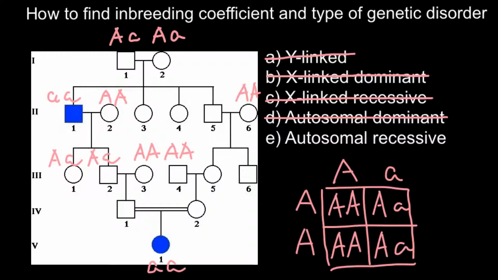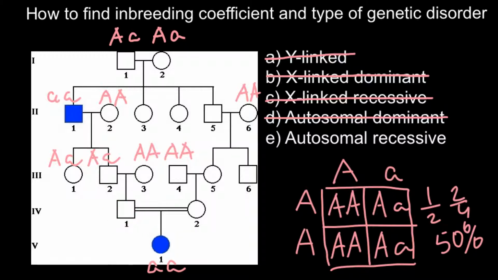So as you see, the probability that this couple would pass this recessive allele to this person, so this person would be phenotypically normal, but would be a carrier, would be 1/2 chances. So 1/2, or 2 out of 4, or 50%. This is the probability for this couple to pass the recessive allele to this person.